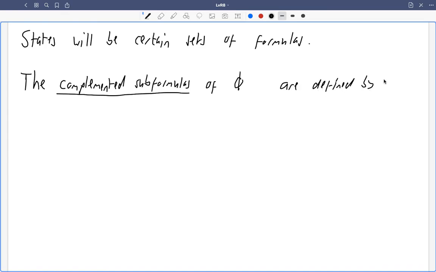So the point of a complemented subformula is it consists of all the subformulas of phi, that's all the formulas that one can see inside the formula phi, and phi itself, and also their complements. So we can define that in the following way.